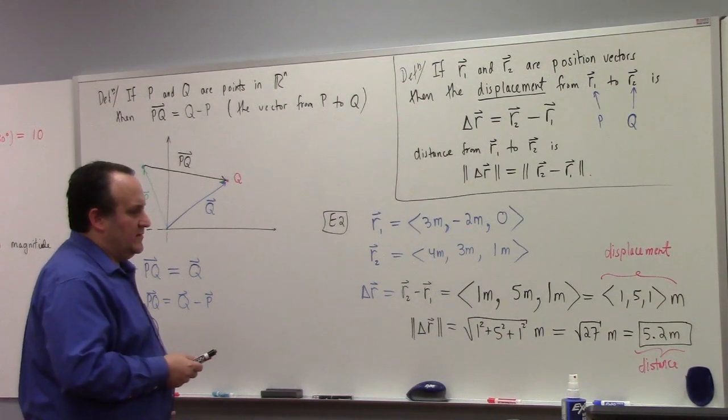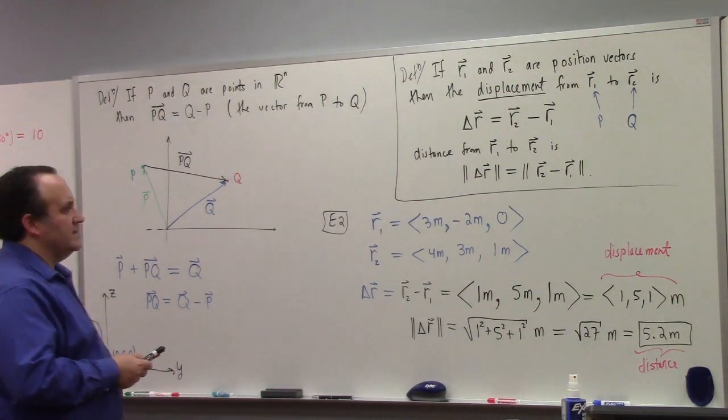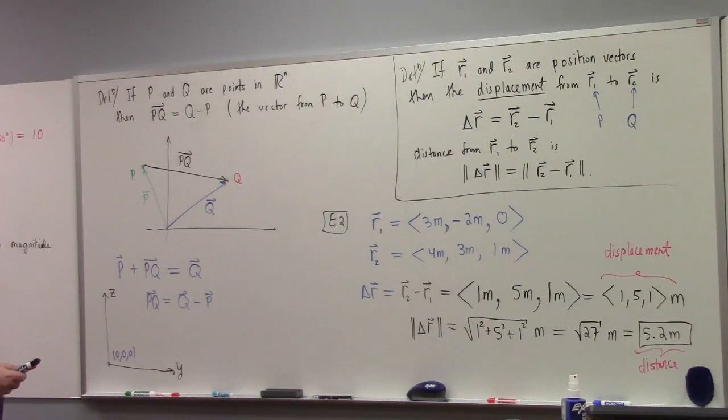Right, so in the definition for distance up there, you have this R2 minus R1, but then down here we did Pythagorean theorem. Well, yeah, but what's the length of a vector? It's the square root of the sums of the squares. We derived this at the end of last class.